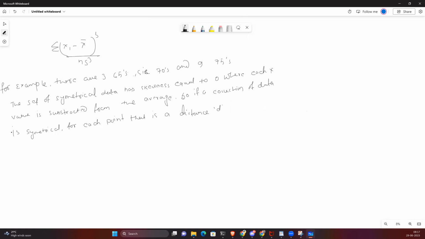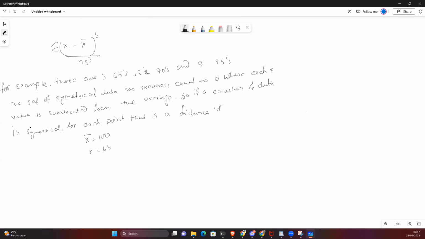Now if I am trying to calculate the symmetry, how can we calculate this? Consider the 65 value, the 135 value, and the average of the data. Let's say the average x bar is equal to 100, just for example, and x is 65.